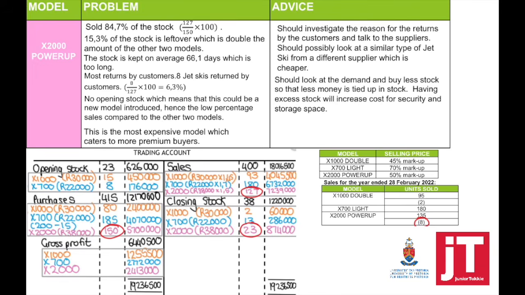Having excess stock will increase the cost for security and storage space. Now we can also look at, should spend more on advertising on the specific target market, could reduce the markup percentage. So these are advice that I could give, which I've identified now with potential problems.